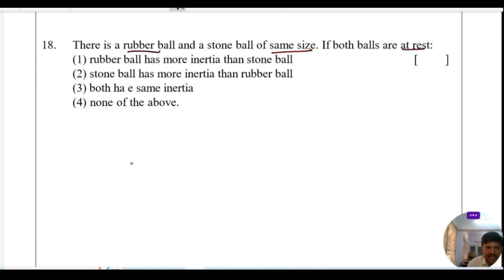Same size means same volume. Both balls are at rest means initial velocity is 0. We know very well the stone has more mass. So greater the mass, greater is the inertia. So the stone ball has more inertia than the rubber ball. So option 2 is the right answer.